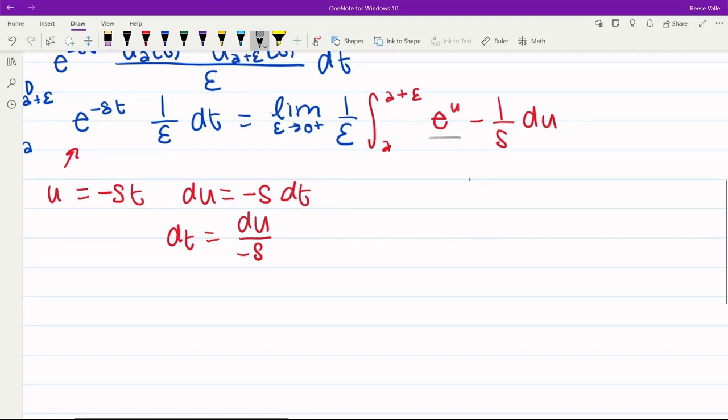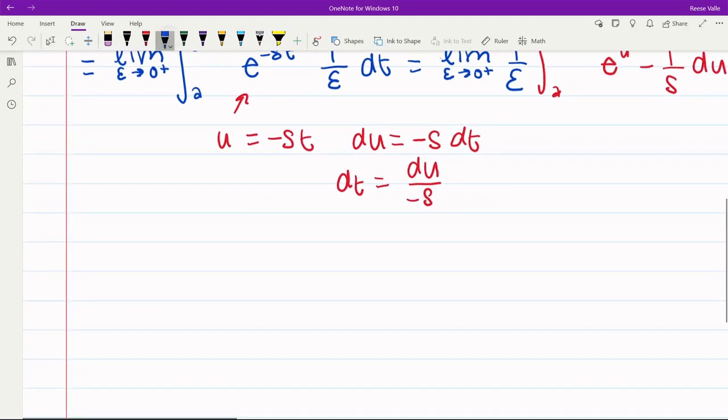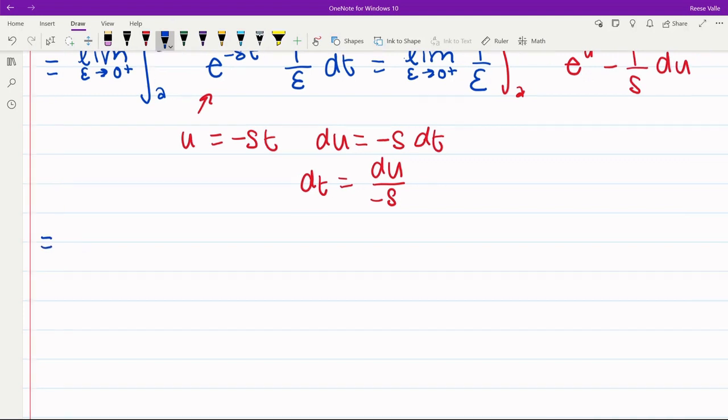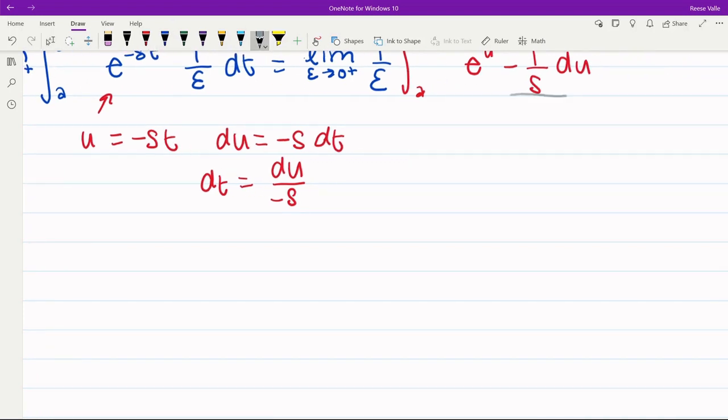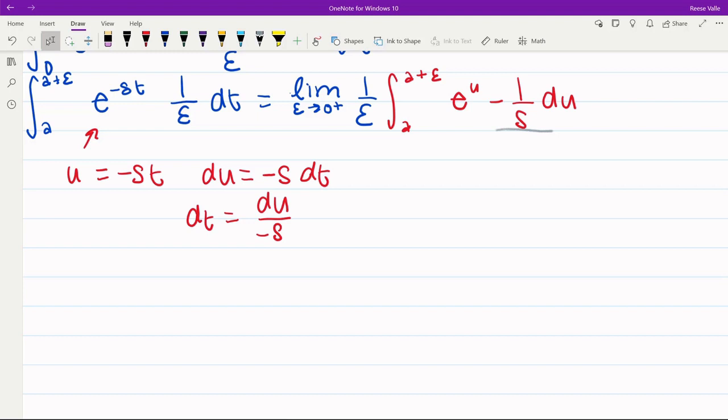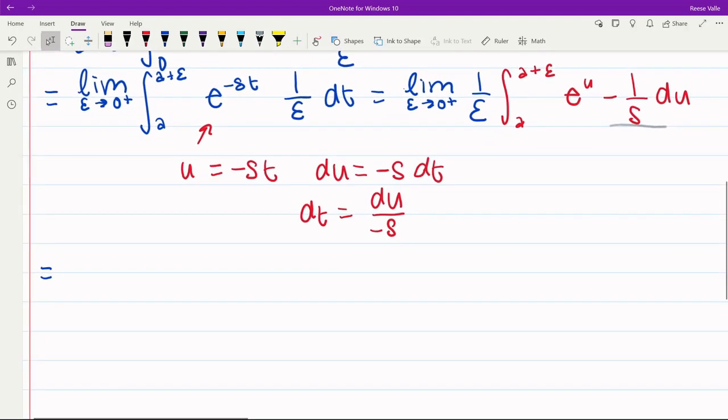The integral of e to the u is just e to the u. And then you can factor out 1 over negative s, because that's also just a constant.